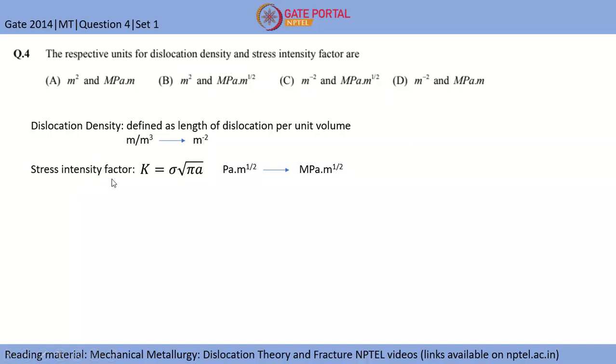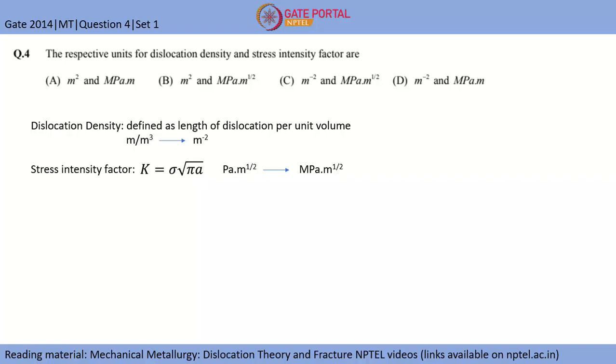Now the stress intensity factor, which is K, the formula is sigma root pi A, which basically means that it is a function of stress and of the crack length. Stress is defined in pascals or megapascals, and A is basically the length, which is in meter.